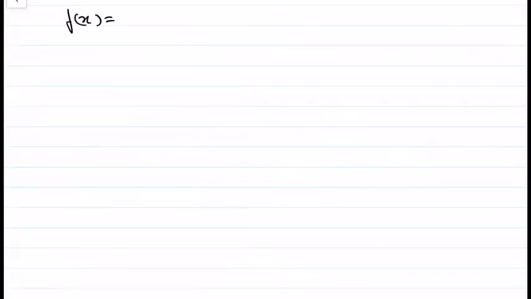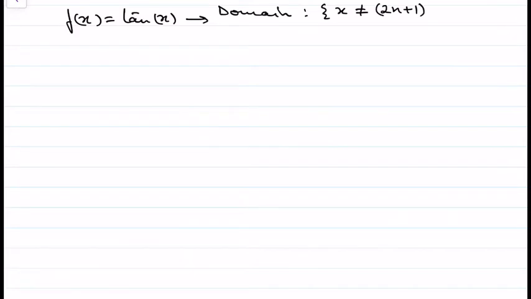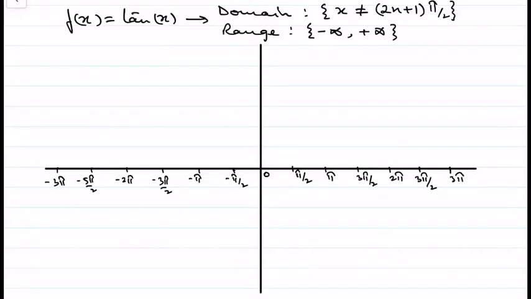Now let's graph f(x) equals tan x, whose domain is x cannot be equal to (2n plus 1) times pi by 2, and range is from minus infinity to plus infinity.